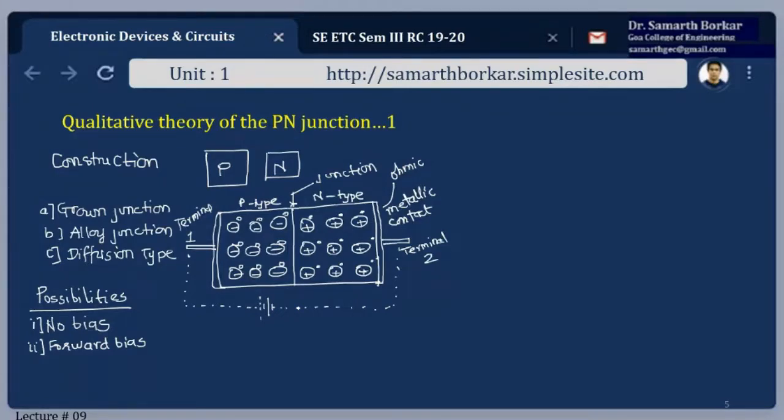So we have two possibilities here. One is no bias, wherein we are not connecting any voltages across the terminals. The second is forward bias. As shown in this diagram, the positive end of the battery is connected to terminal 1, which is p-type, and the negative end is connected to the n-type. The third one is reverse bias.